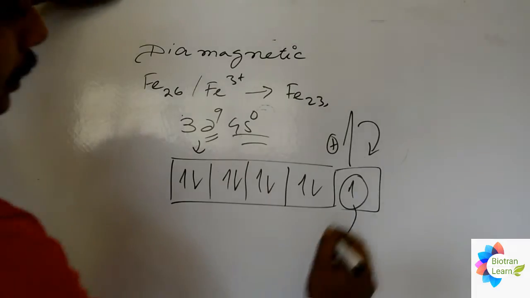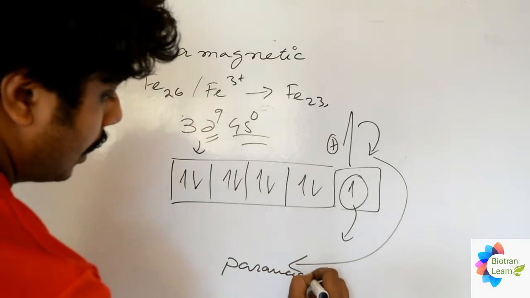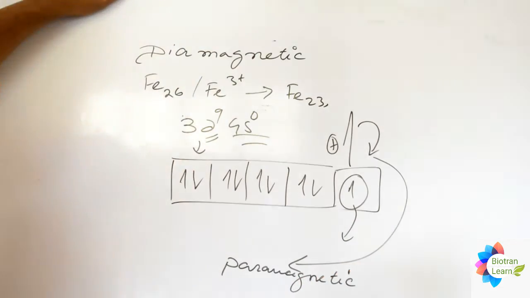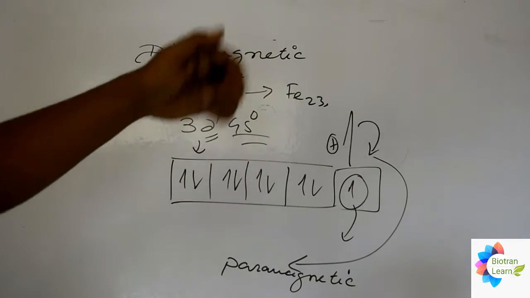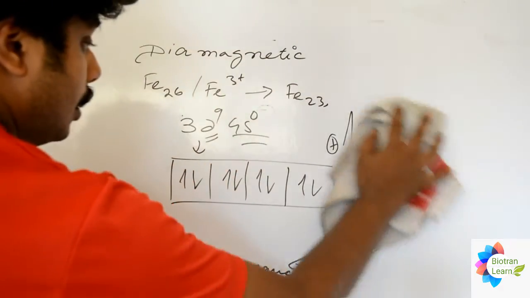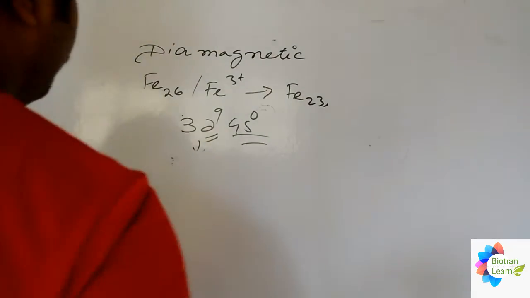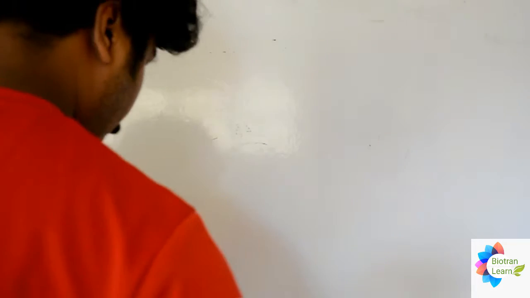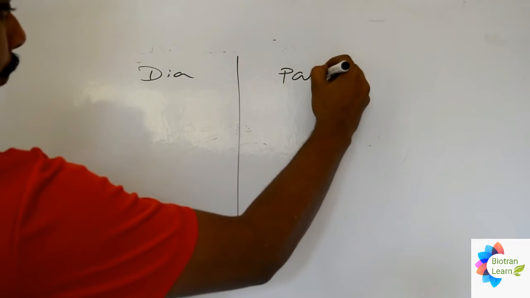In this case, this will be paramagnetic, as it does not have any opposite direction of electron that results in neutralization of magnetic properties. Now here is dia, here is para.